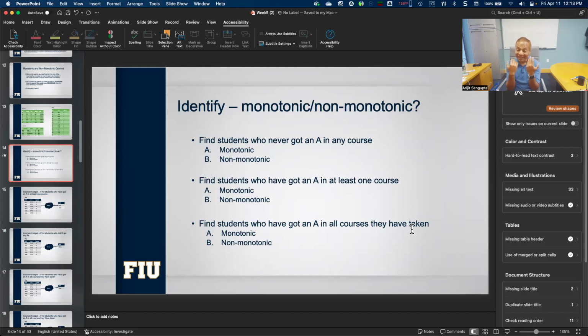Sometimes it's easier to think of the logic in double negative in order to do it in SQL, because SQL has that not in or not exists, which is basically a negative, and you put another negative inside. But basically, if a student has gotten an A in all courses that they have taken, that means they haven't gotten anything other than an A, so everything that they have taken is an A.